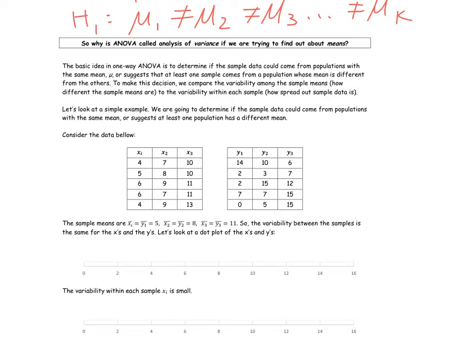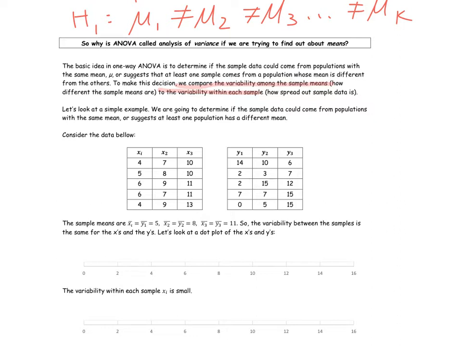To make this decision, we compare the variability among the sample means, how different the sample means are, to the variability within each sample, how spread out the sample data is.